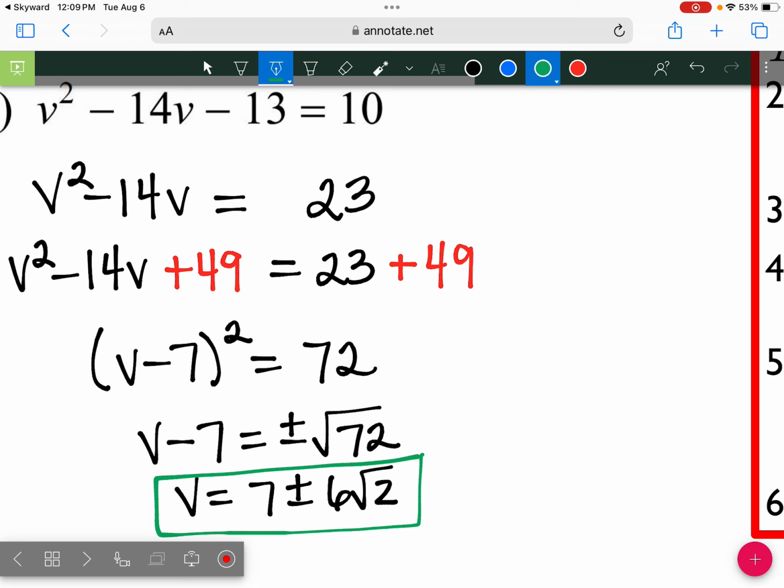Yeah, so the two numbers that will multiply to be 49 and add to be 14. I agree.